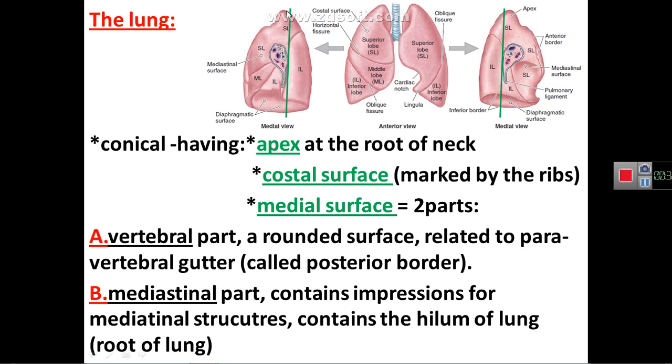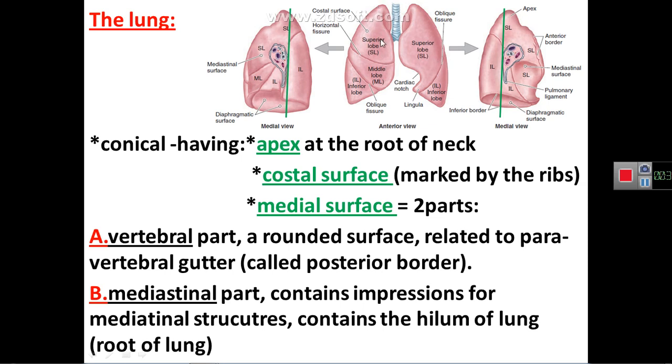They have an apex lying at the root of the neck, both having a surface which is related to the chest wall, to the ribs, and so it is called costal surface. And in cadaver, the costal surface shows grooves for the ribs. Of course, this is only a feature seen in cadaver, it is not seen in living.